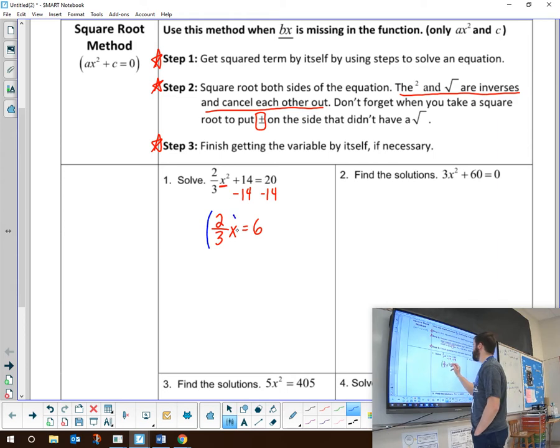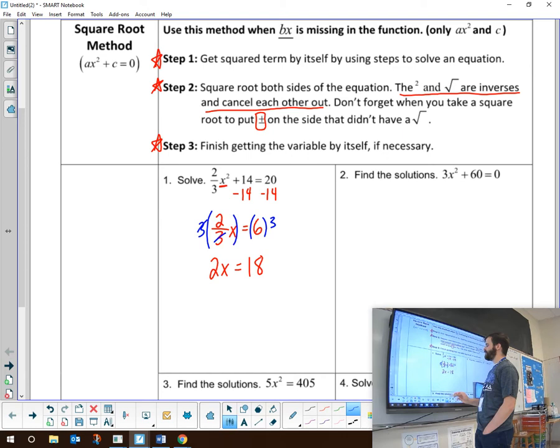So I'm going to multiply both sides by 3. So we're going to get 2x squared equals 6 times 3 is 18, because multiplying by 3 and dividing by 3 cancel. Then don't forget our squared. Then we're going to divide both sides by 2, and we're going to get x squared equals 9.